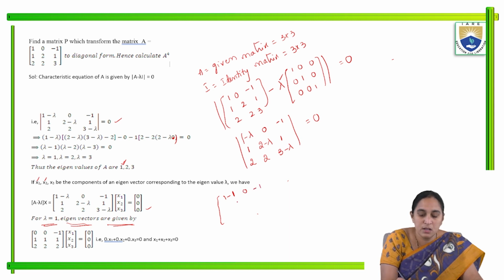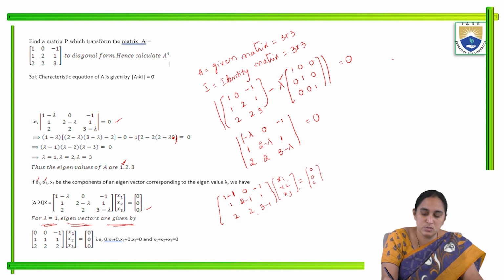The next one, 0. The next one, minus 1. The next one, 1. 2 minus 1 is 1, and 1. The next row, 2, 2, and 3 minus 1 as 2, into x1, x2, x3 is equal to 0, 0, 0.